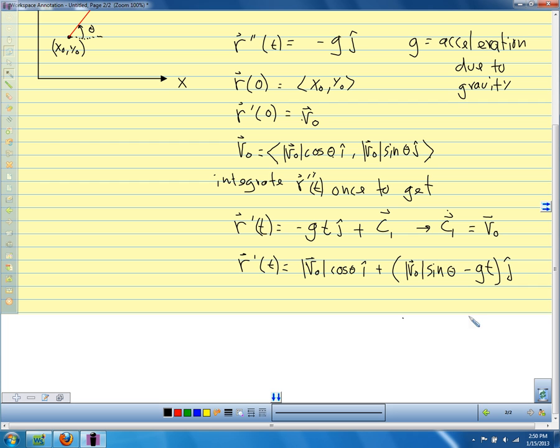So at any given time, this is going to be my expression for the velocity.